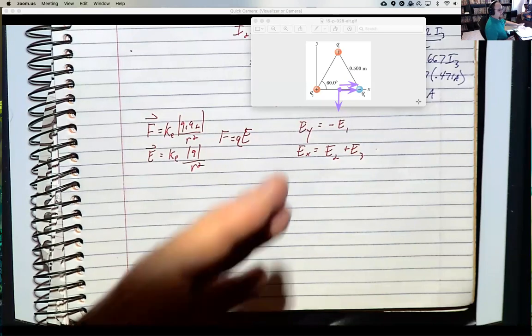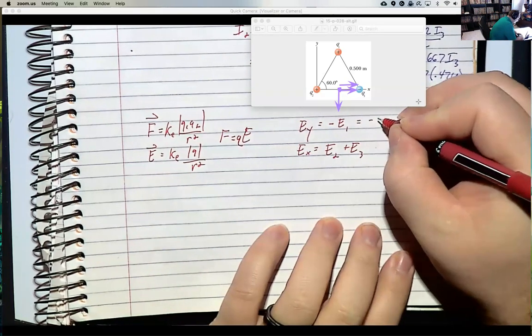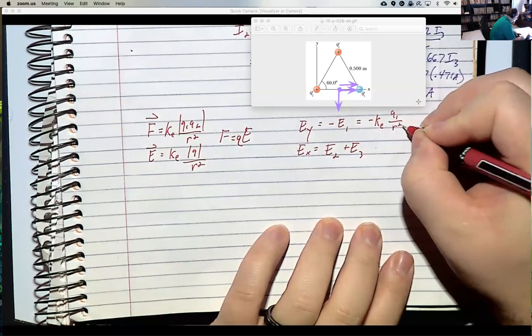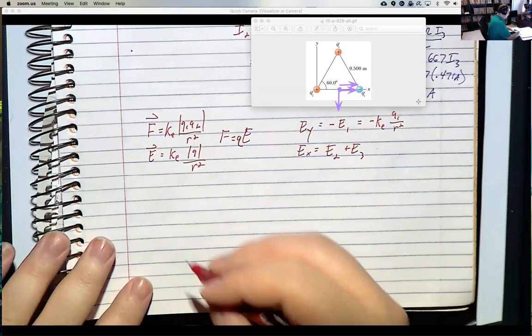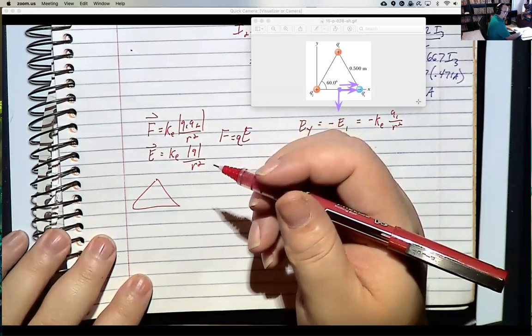And what I'll do is I'll say, okay, that's my EX and EY. Let's solve for each value. My EY was negative E1. That means it's just going to be negative KE Q1 over r squared. Now, there is a problem with solving for r, but I happen to remember it's going to be 0.5 times the square root of 3 over 2.